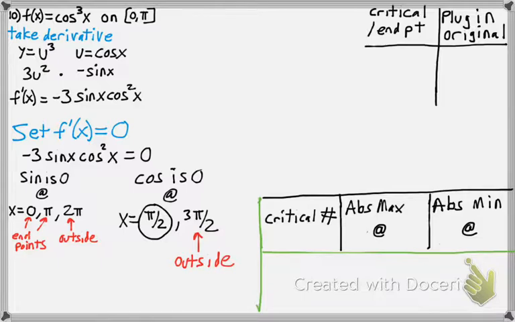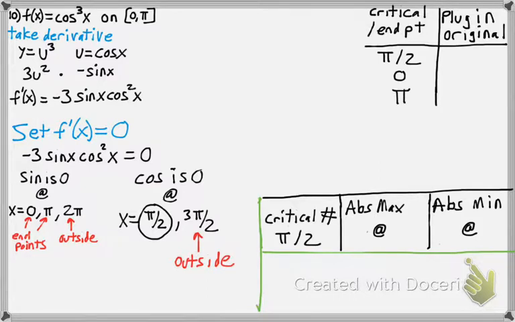So if I go over to my critical number, this is going to be pi over 2, and I want to take that as well as the endpoints, 0 and pi, and plug all three of these into the original.